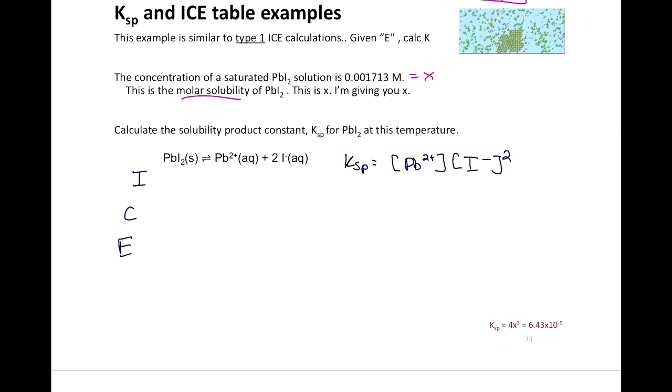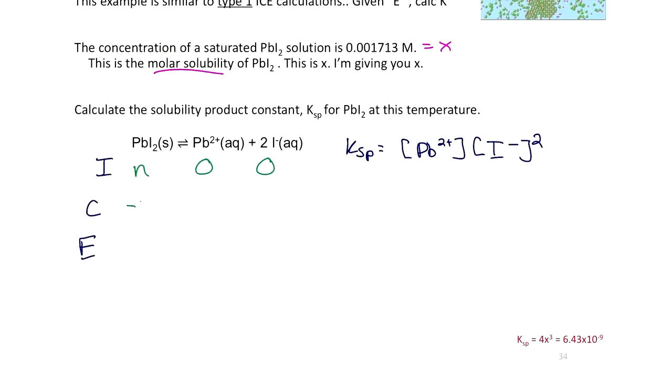Perfect. Okay, now we do our ice table. Oh, but I didn't give you an initial concentration, so what should we do? Throw in an N amount, just a random amount of solid to get us started. So in order for this reaction to proceed, we have to lose an X amount of lead iodide, gain an X amount of lead 2+, but then how much I minus do I gain? 2X, yeah.